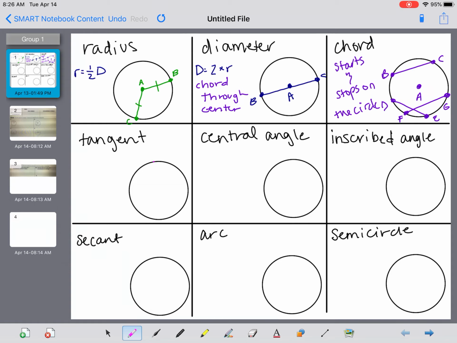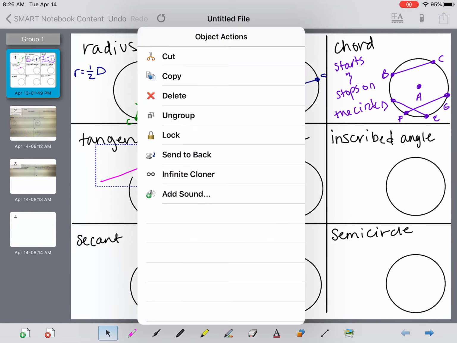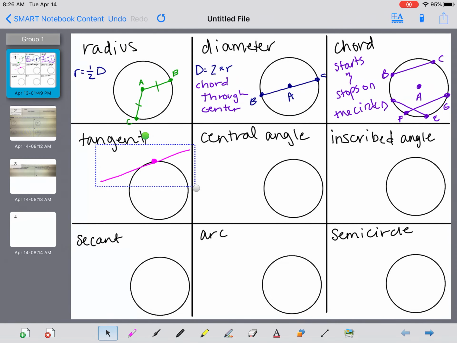Okay, let's talk about a tangent. This is one of those words that you saw in your circle vocabulary activity. A tangent is a line that is outside the circle that touches the circle at one spot. For example, if this is a point right here, a tangent line touches that circle at exactly one spot. All right, so it does not go through the circle. It starts and stops outside the circle without going through the circle.